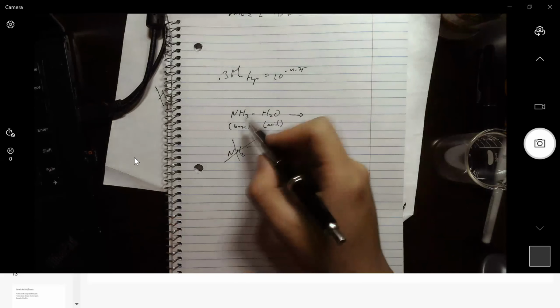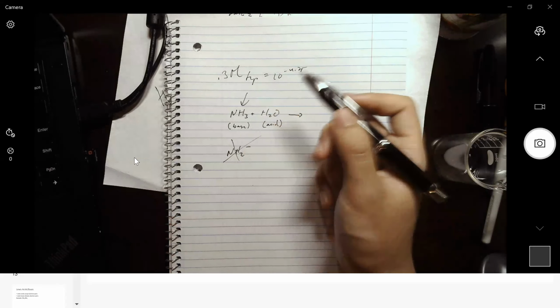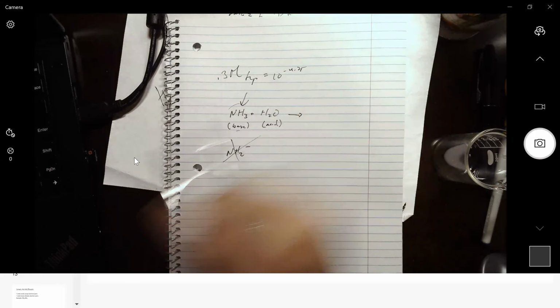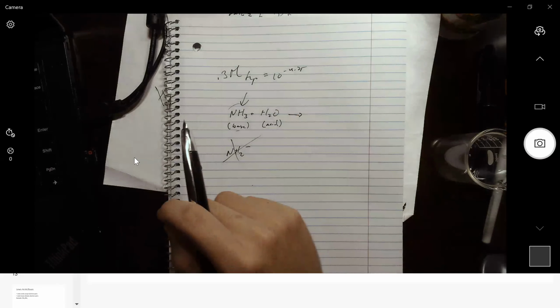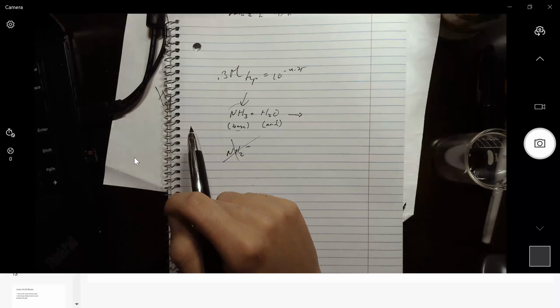So the base accepts a proton. What do we get when this base accepts a proton? Great.